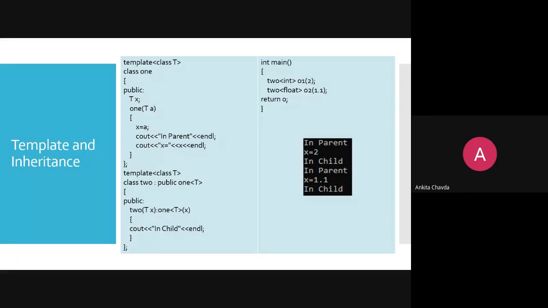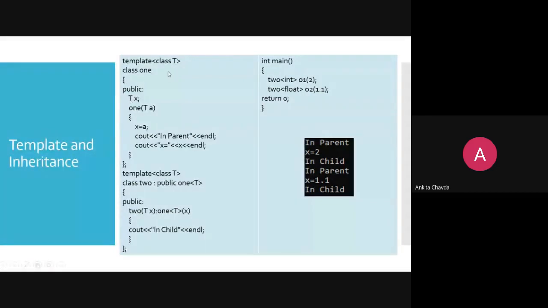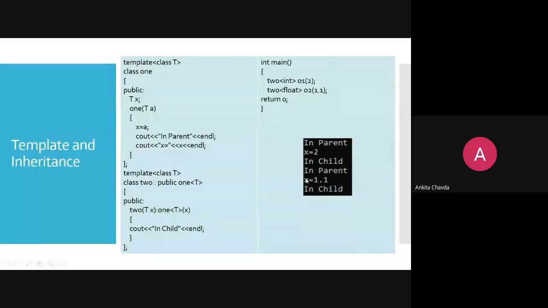So here every T will be replaced with int, because you have specified it. You already know that it will call your parent class first, that will be executed, and then the child class execution will follow.